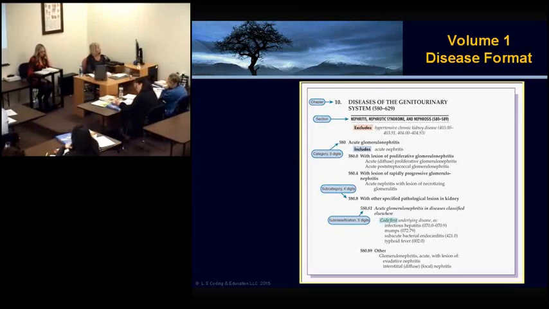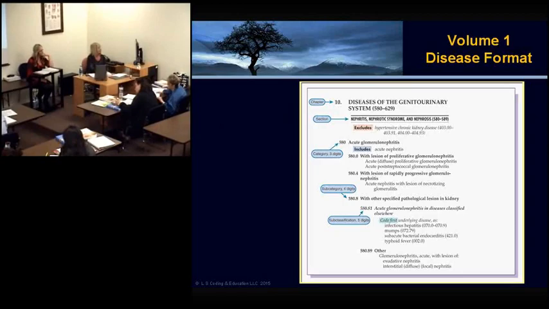Okay, so Chapter 10, we have the chapter. Then we have the section, which is nephritis, nephrotic syndrome, and nephrosis. Then we have the first 3-digit main category code, which is 580.